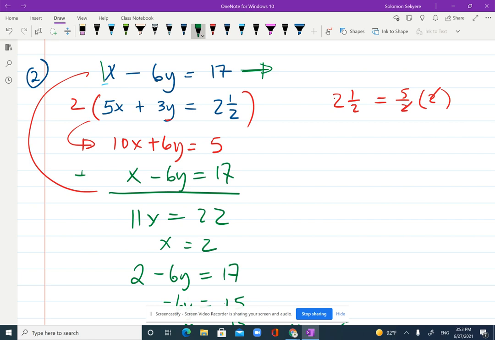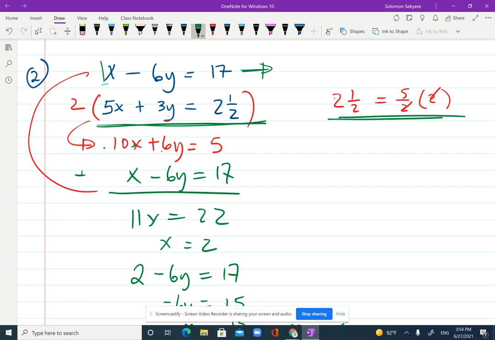And so what do we do? If we multiply this portion by 2, how do we convert 3y to 6y? 3 to 6 is multiply by 2. But we have to multiply everything by 2. It becomes 10x plus 6y equals 2.5 times 2, right here, is 5. So this becomes that, and then of course we rewrite this one here.